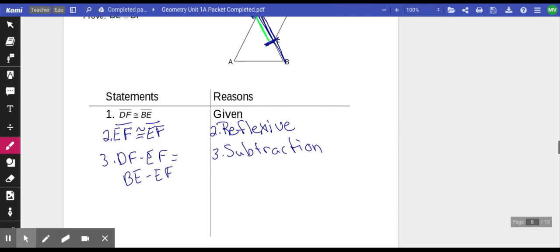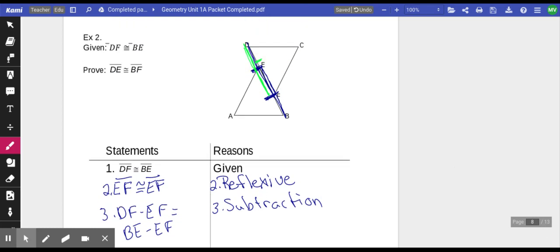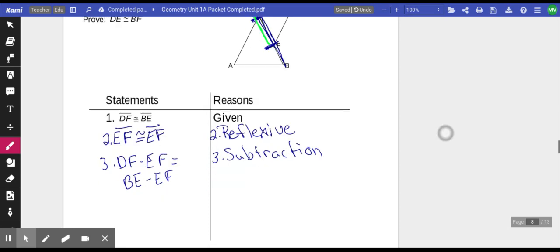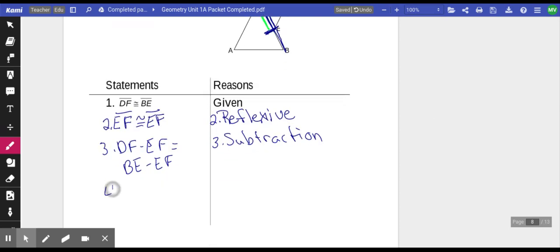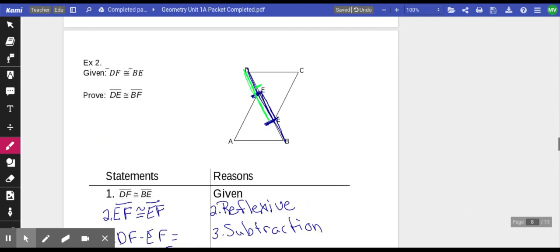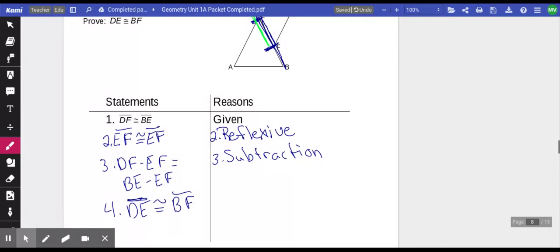Next, I'm going to do the substitution, because in my diagram, if I take the green and subtract the blue, I just get DE. So DE is congruent to BF, because if I subtract EF from BE, I get just BF, and that's substitution.